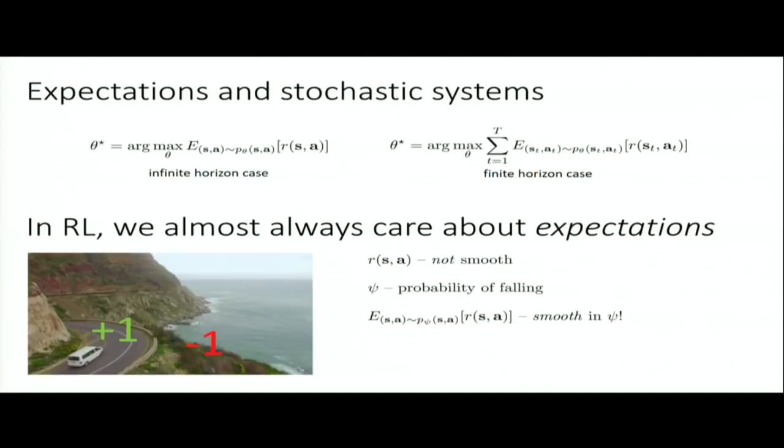Yes? Sorry, so if your falling probability is not discrete, then do you set a threshold at which psi is the probability of falling below a threshold? So psi is just a number between 0 and 1. It's just a probability of a discrete event. My point is that in practice, of course, you don't get to control psi. You control some complex policy that somehow indirectly leads to that.